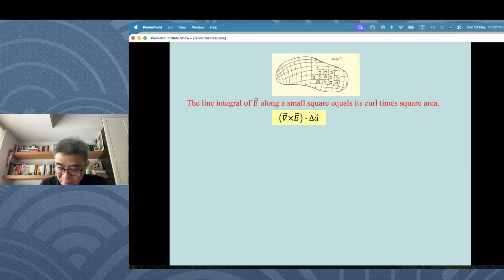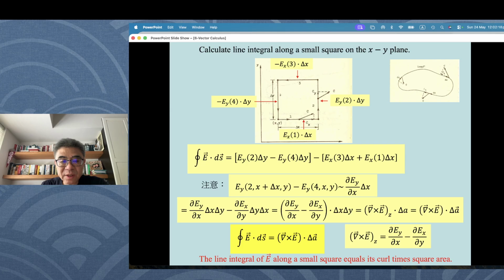Okay, so we finished finding the line integral along a small square, which is equal to the curl times the area. So therefore, sometimes we will call the curl of a vector field the line integral per unit area, just like in Gauss's law, we will say the divergence equals the flux per unit volume.